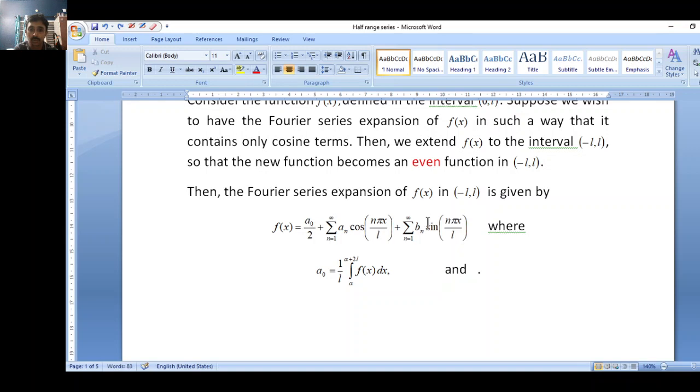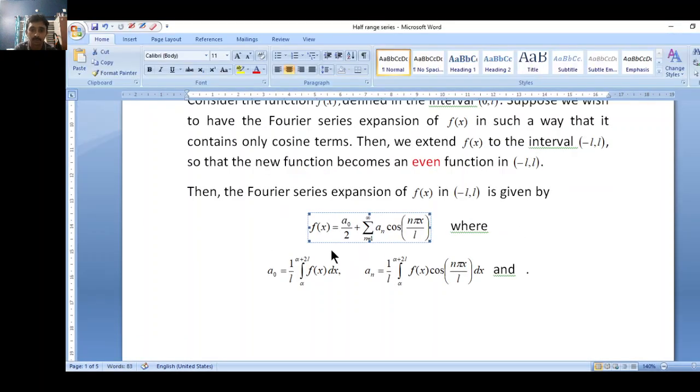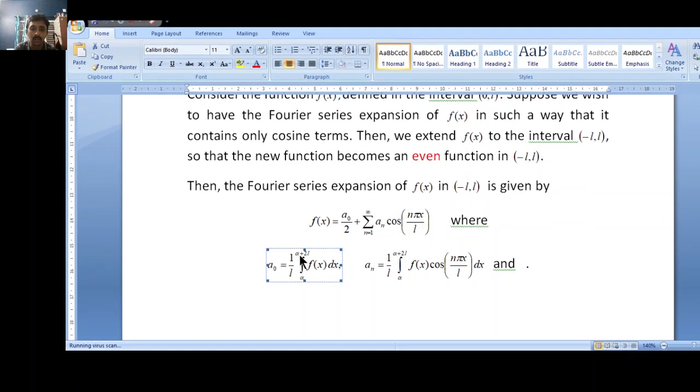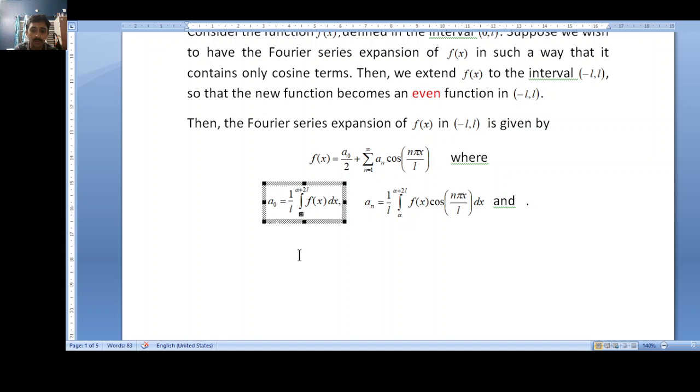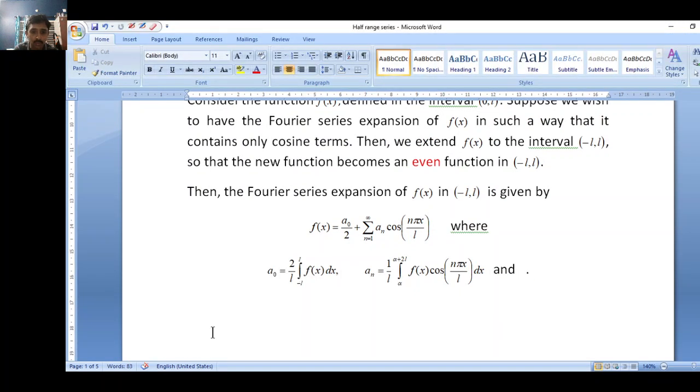So the bn term will vanish as such because bn is becoming 0, and now the interval of consideration for a0 and an would be integral minus l to l, and because f of x is an even function, the expression for a0 will change to 2 by l integral 0 to l f of x dx, right?